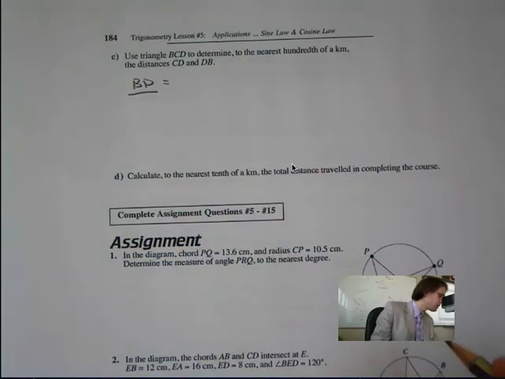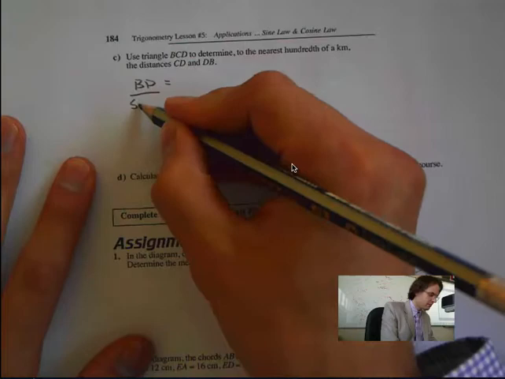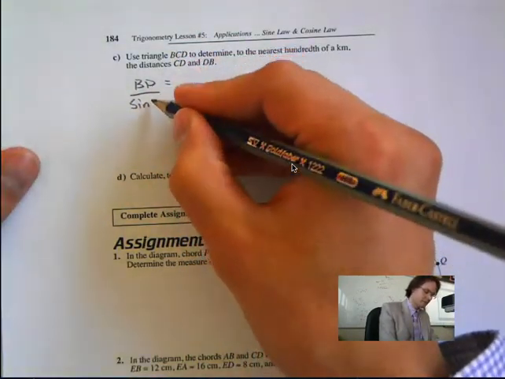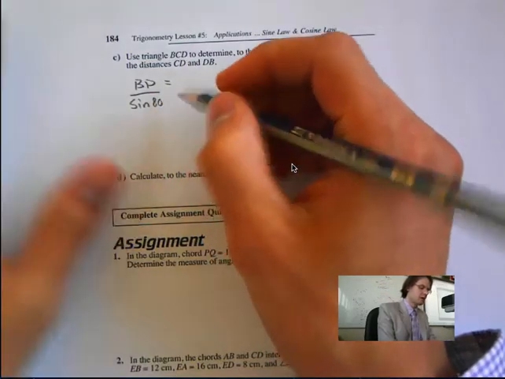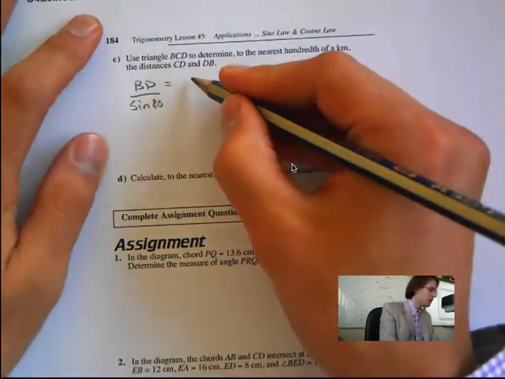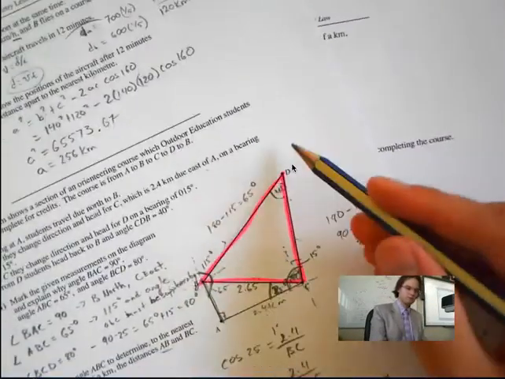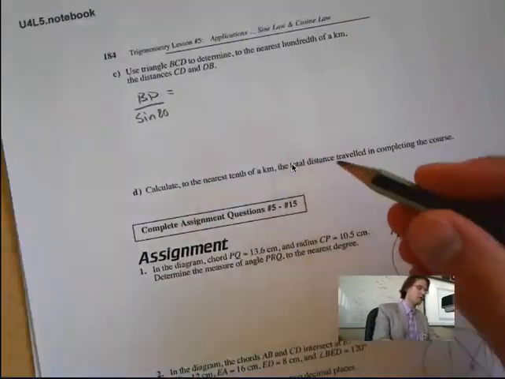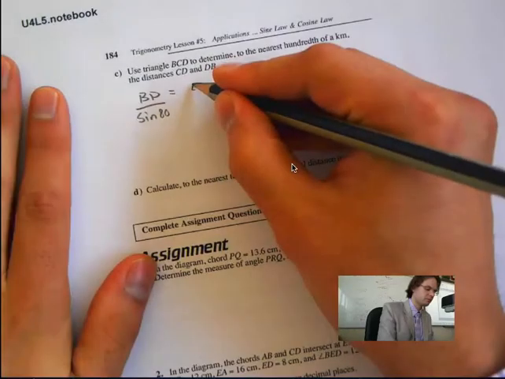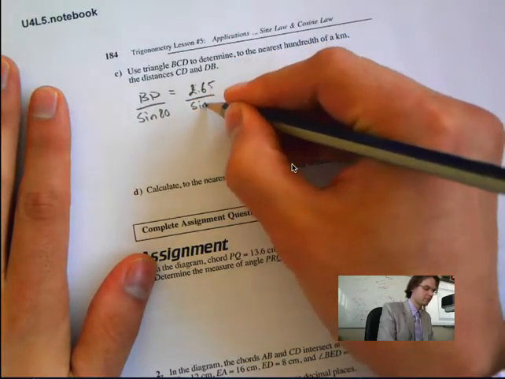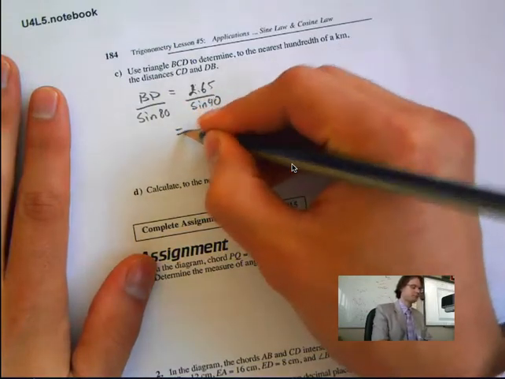So BD is sine 80, because that's angle C, and we have the sine 40, because 40 and 2.65 are in relation. All right?